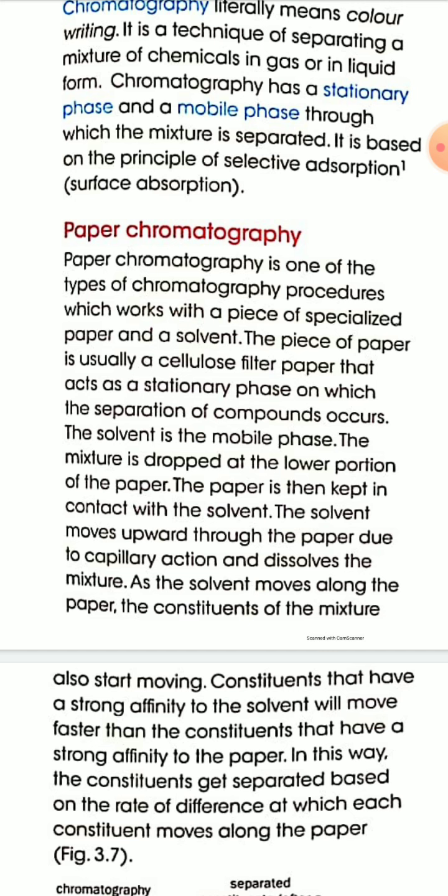Then you have to keep the paper in contact with solvent in a beaker, and then you will observe that the solvent moves upward through the paper due to capillary action and dissolves the mixture.